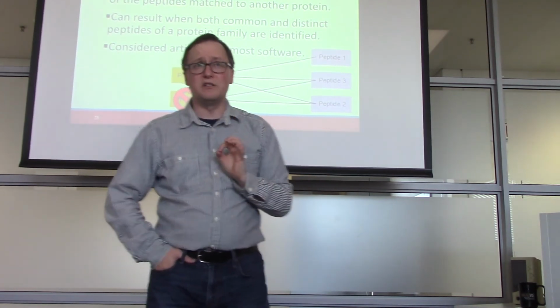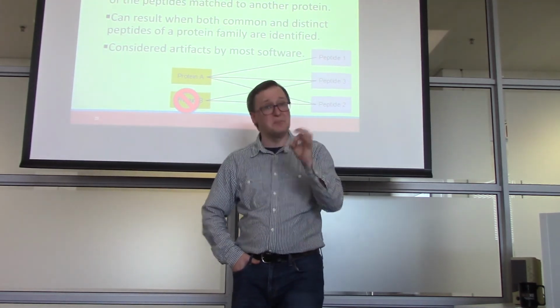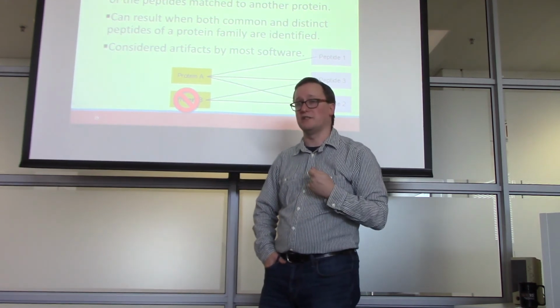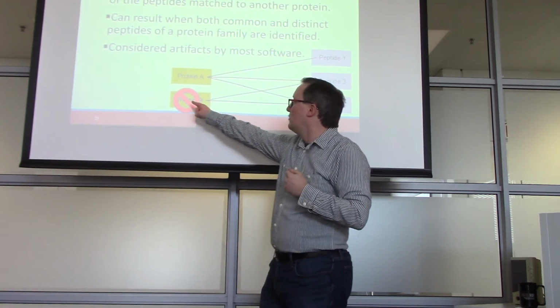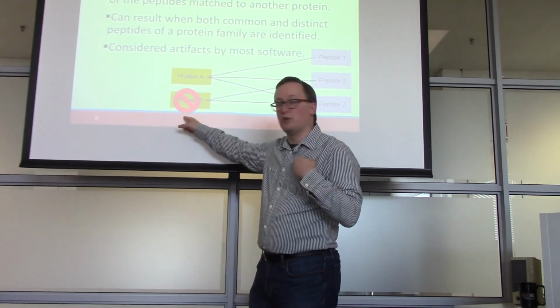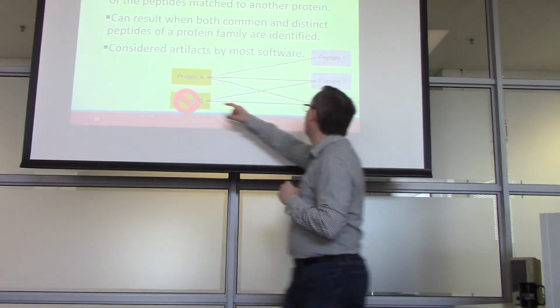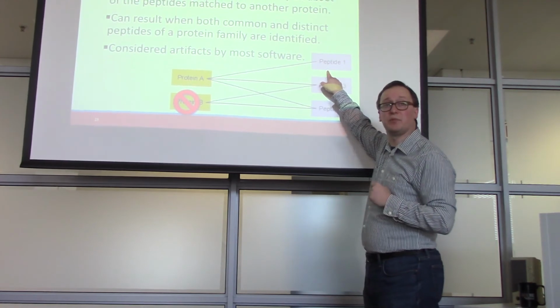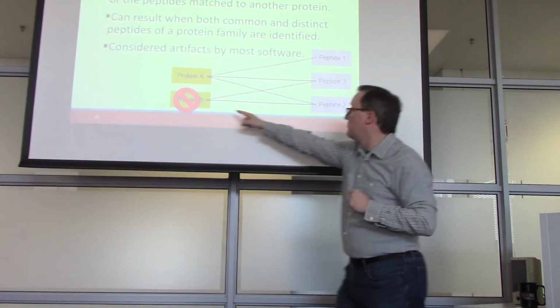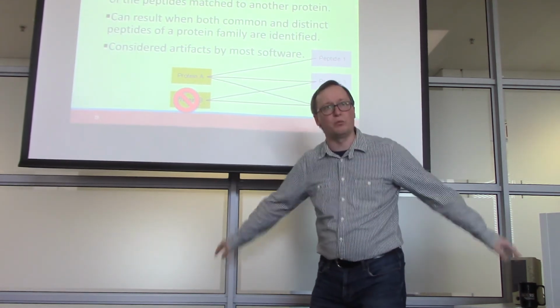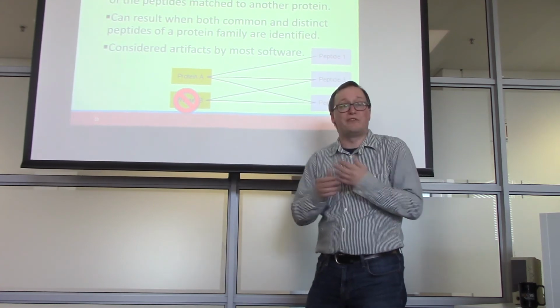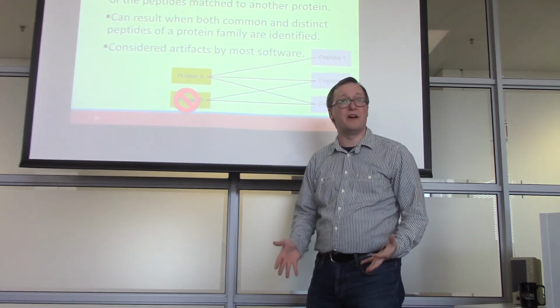In proteomics, we will frequently apply a subset rule, or a parsimony rule in this case, to say we're not going to list protein B. Instead, we will list protein A, because only protein A, in this case, can explain the presence of peptide 1. Protein B, we're going to just rule right out, because we've got no specific evidence of its being there.